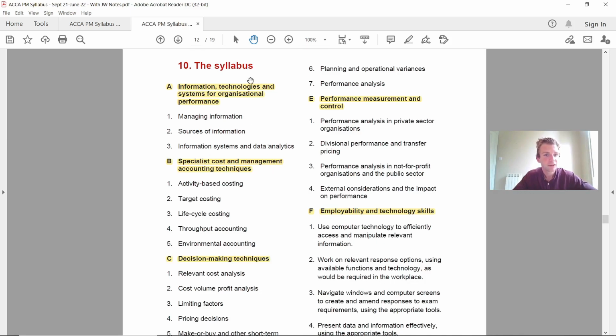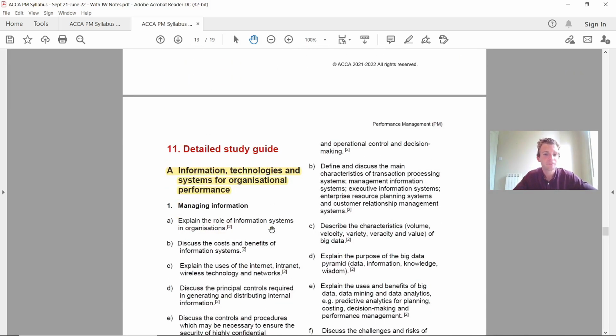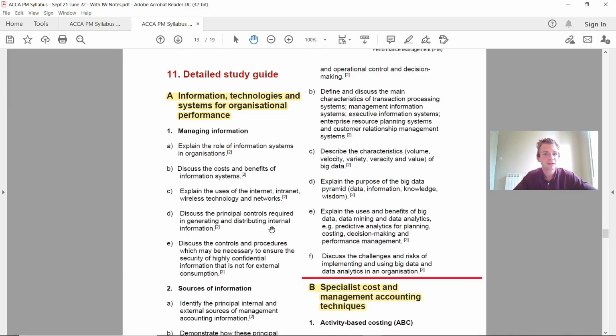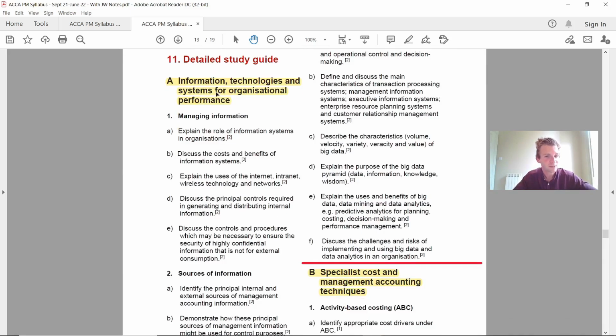So look at this: we've got section A, Information Technologies and Systems, then for point 1 you've got managing information. Well, you should be saying to yourself, for managing information, what do I actually need to know about that? And if you go down to this fantastic resource in the detailed study guide, it tells you, same heading, managing information, parts A to E.